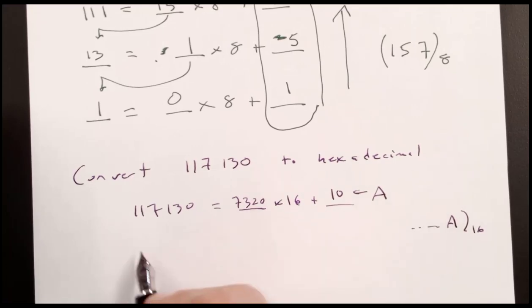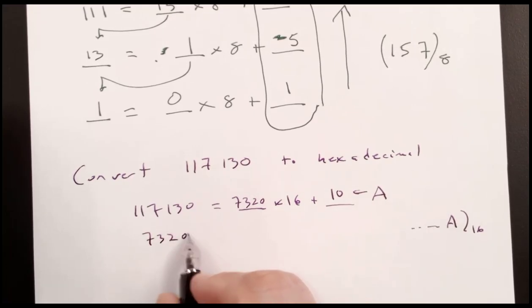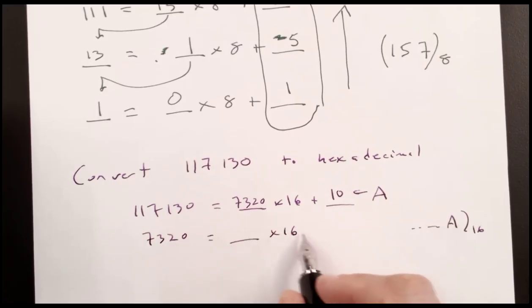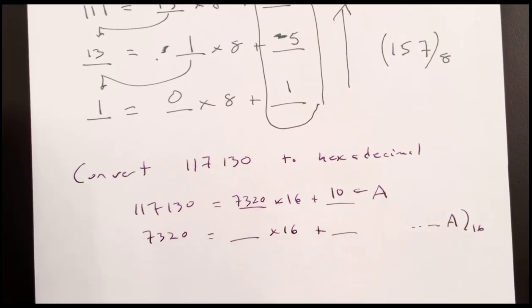Now I bring this number over. 7,320 is something times 16 plus something. Do the division again. Wait, no, sorry.